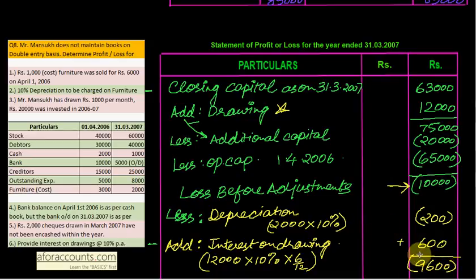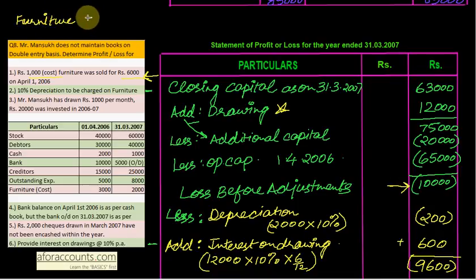Now what about the furniture sold? Is it a regular business item? Furniture you are selling on a regular basis? No, it is not a regular business item. See, what you have to just put in notes is that furniture has been sold for 6,000 and the cost was 1,000. So just put this in a note.